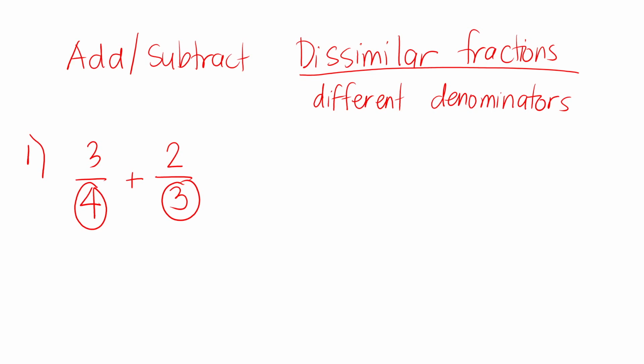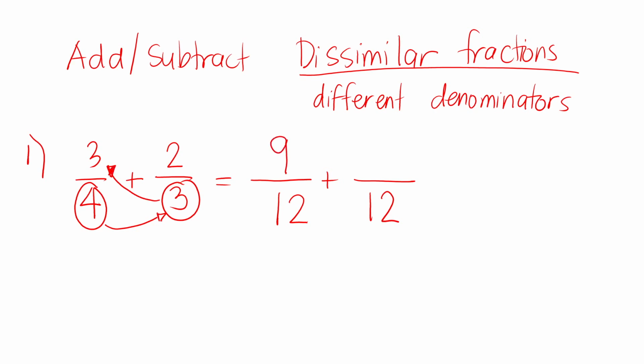To make it easier, multiply 4 and 3. What is that? 12. So I'm going to write 12 and 12. After that, I will cross multiply. This is the shortcut. I'm teaching you the shortcut, but the long process you can also use. You multiply to get 12. After that, multiply here. What do I multiply here?